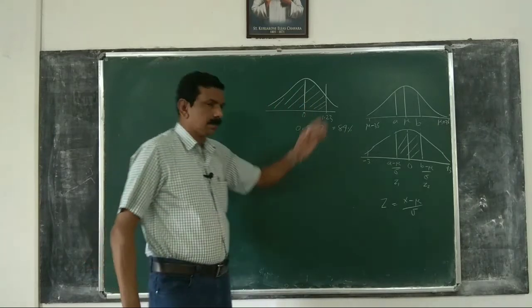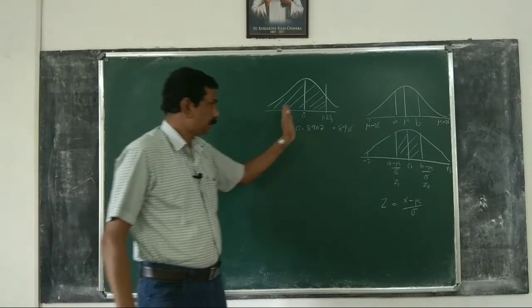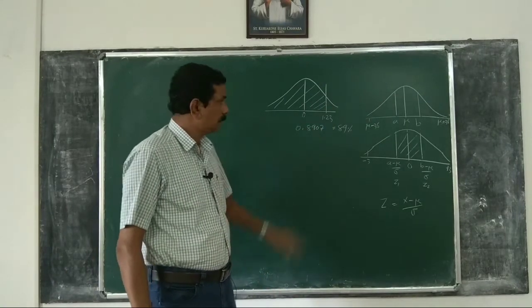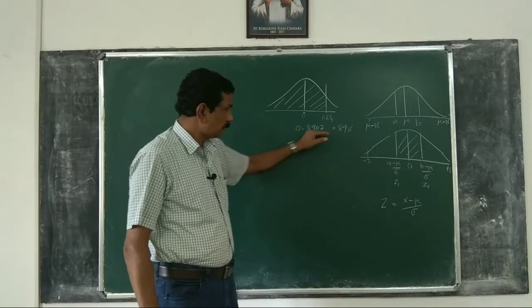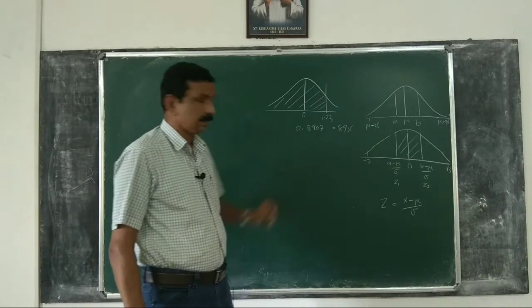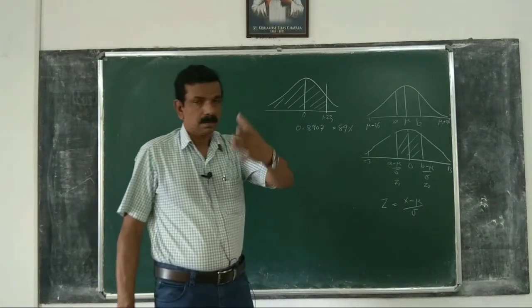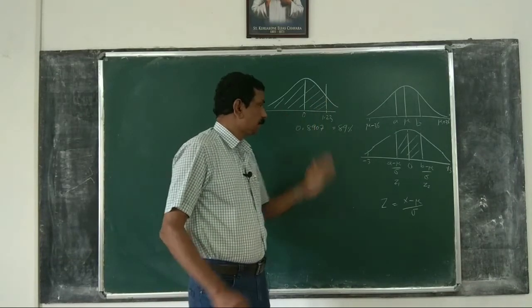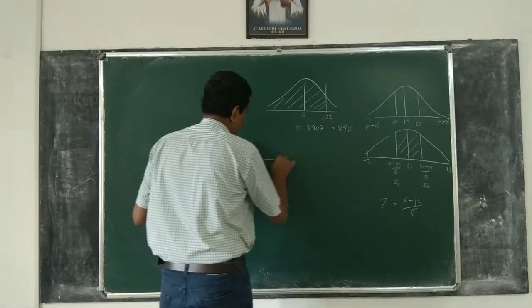You just consult the table of standard normal distribution. And what is its interpretation? The interpretation is that 89% of the observations of the standard normal distribution are less than 1.23.